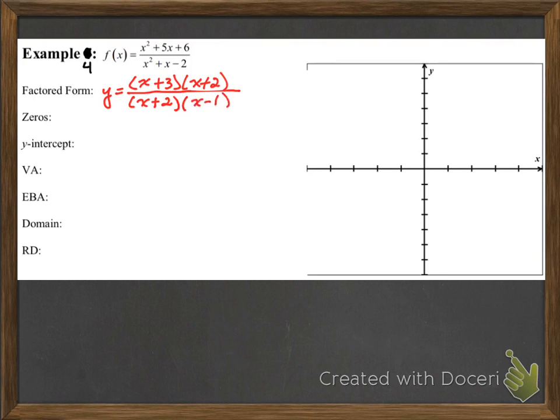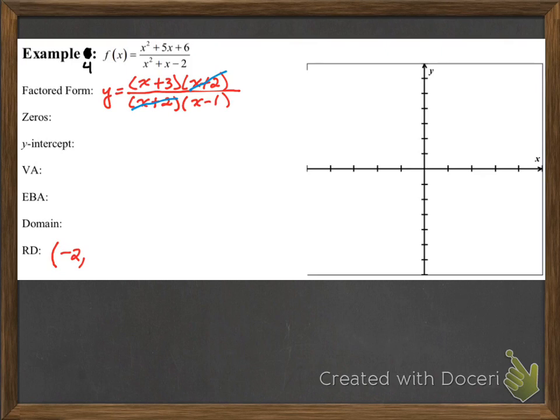Now what you'll notice here is that we're going to have a factor x plus 2 that cancels in the numerator and the denominator. What that does is it creates our removable discontinuity. So we will have a removable discontinuity at -2 for an x value.